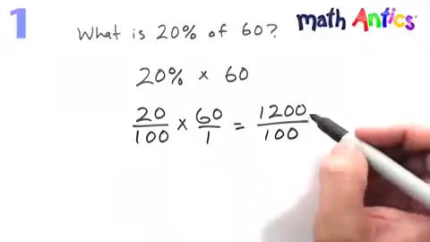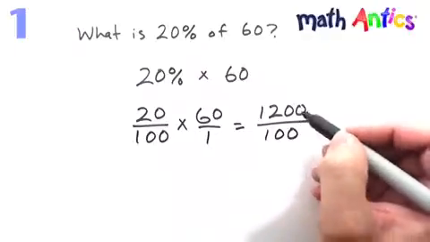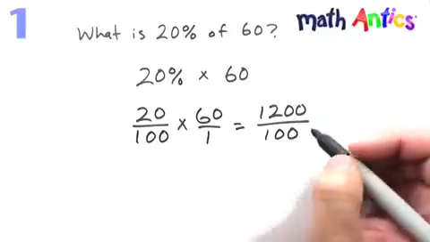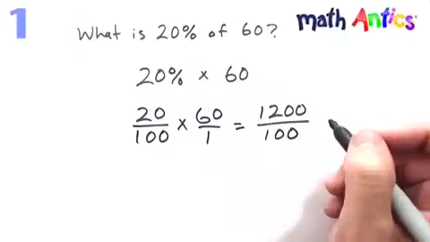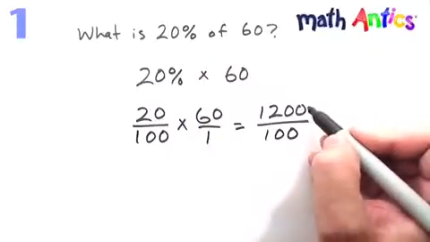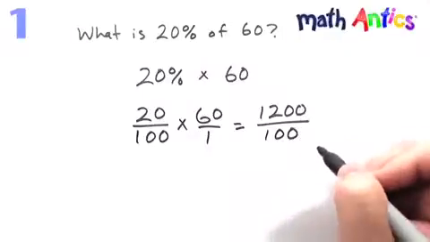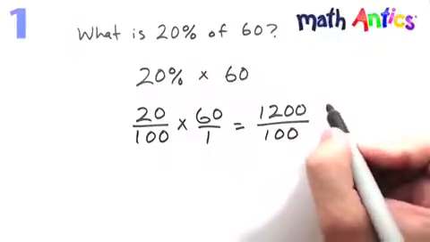And luckily, both the top and bottom numbers have zeros as the final digits. And when you simplify fractions, what you're doing is canceling common factors. And when a number ends with a 0, that means it has a factor of 10.